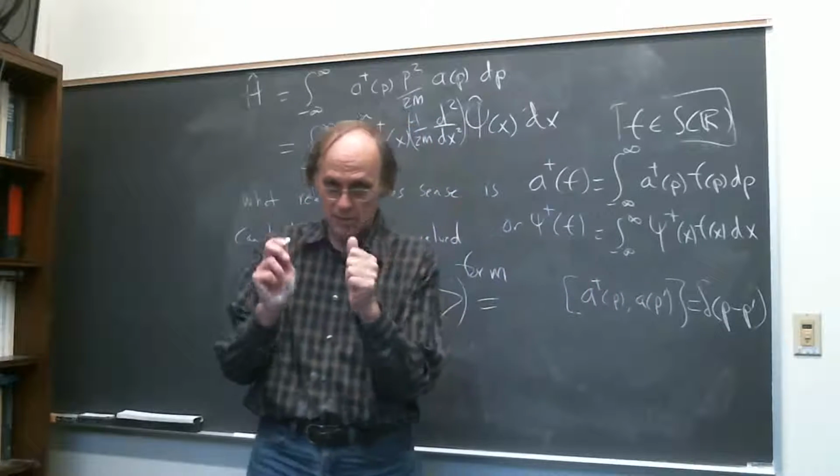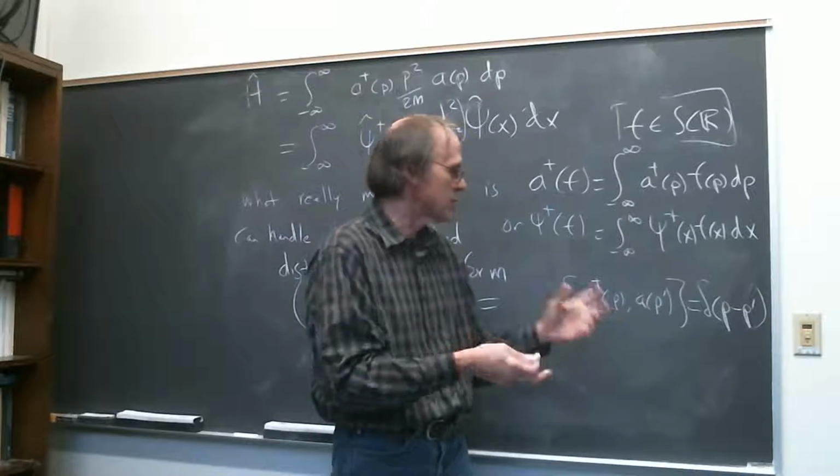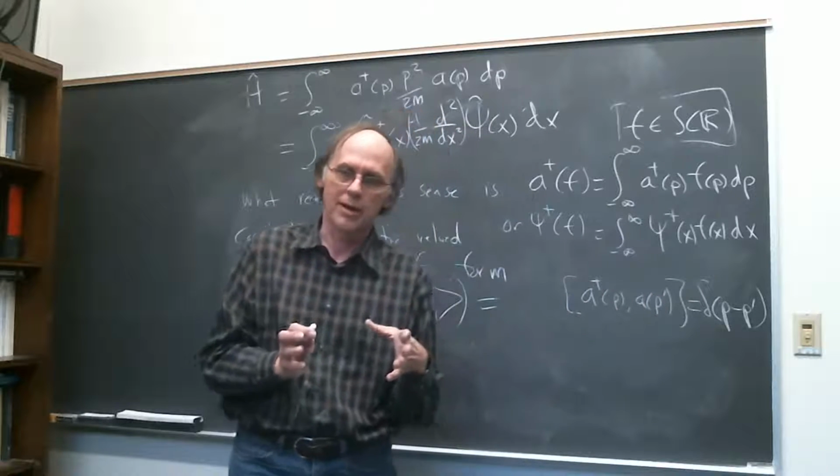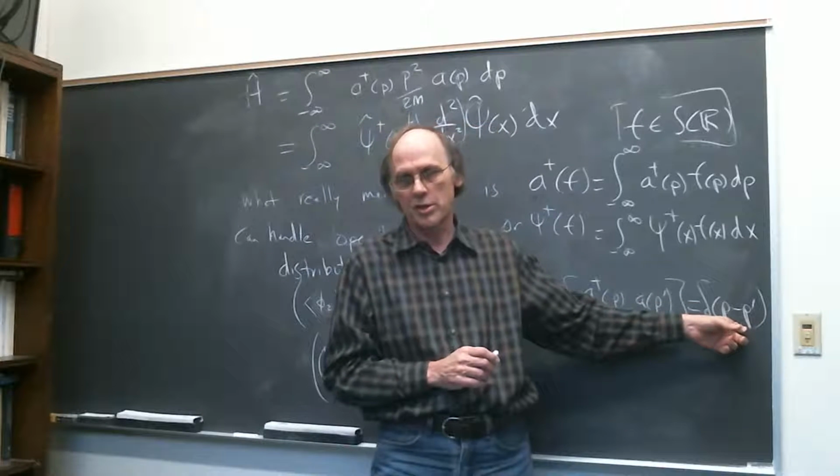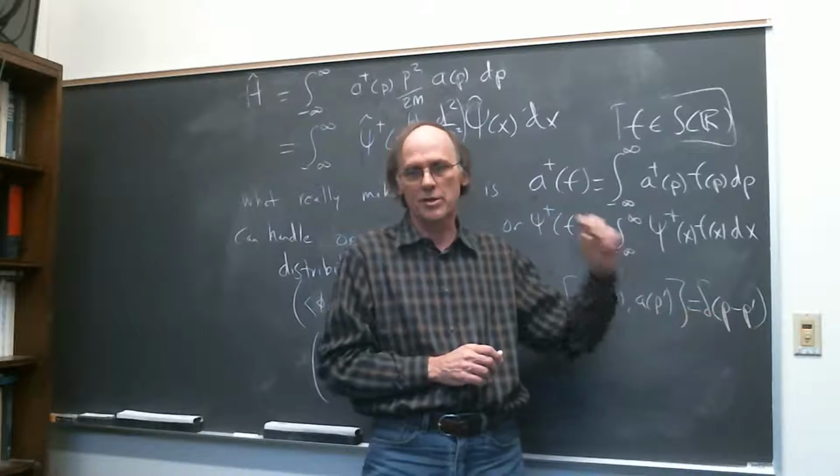In general, multiplying distributions is hard, but the difference between these two things is something well defined. It's also a distribution. It's a specific delta function distribution.